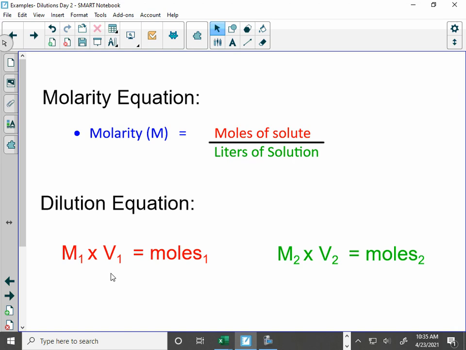Now, the reason is it does not matter what I have my volume in, just so that I am consistent. Could I have liters? Well, yeah, that's basically what our molarity says. Could I have milliliters?